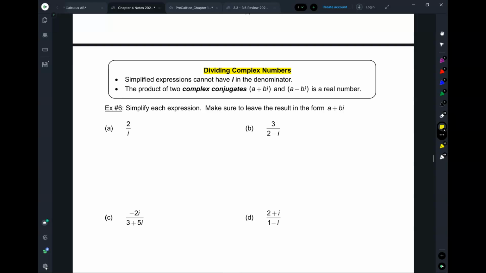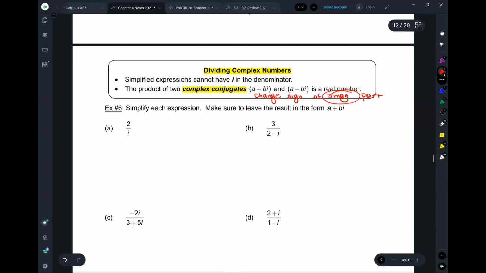So you have to get rid of the i's in the denominator. The way in which we do that, we have to multiply by what we call the complex conjugate. What is a complex conjugate? If you have a plus bi, the complex conjugate is a minus bi. Basically, what you have to do is change the sign of the imaginary part.